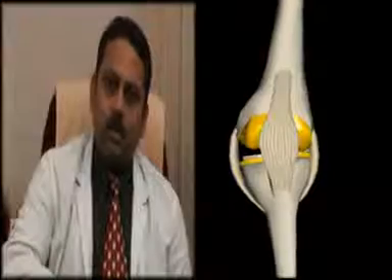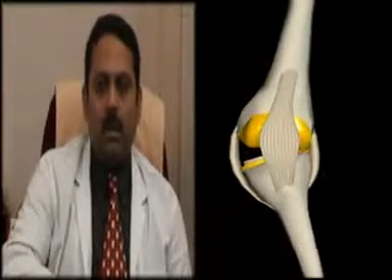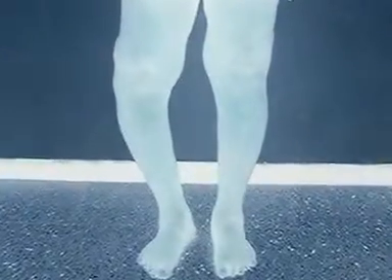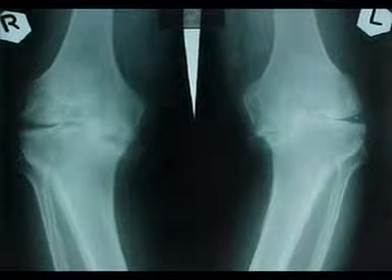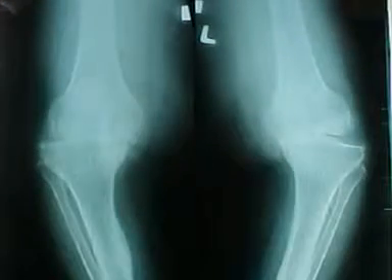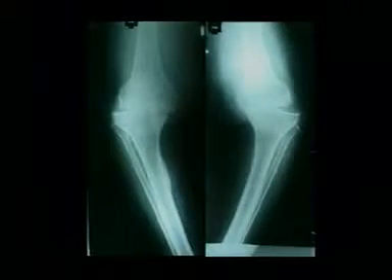The ligaments also become either short or long. Usually, one part of the joint is affected earlier than the other half, which results in bending of the limb. So, with advancing arthritis, the limb becomes bent to one side or another.